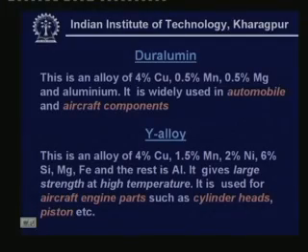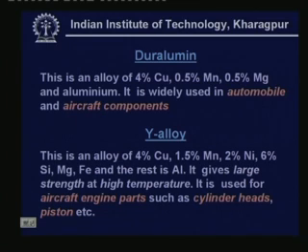The two forms of aluminium alloy are duralumin and Y alloy. What is duralumin? Duralumin is an alloy of aluminium which contains 4% copper, 0.5% manganese, 0.5% magnesium and aluminium, of course, as the main parent element.